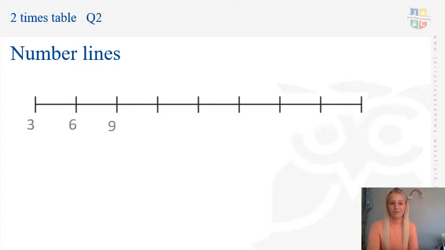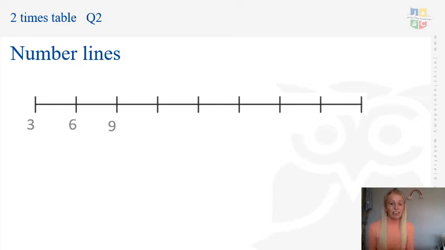Brilliant. Okay, so like I said before, you can use these for any times table. This one starts on 3. Pause the video now, have a look. What times table is this number line in? Pause the video and see if you can complete the missing numbers on the number line.